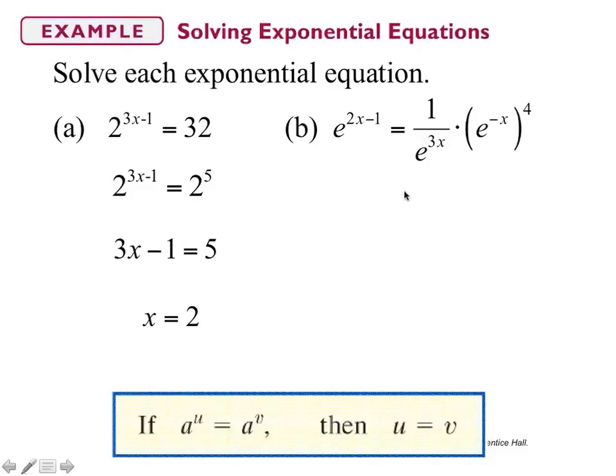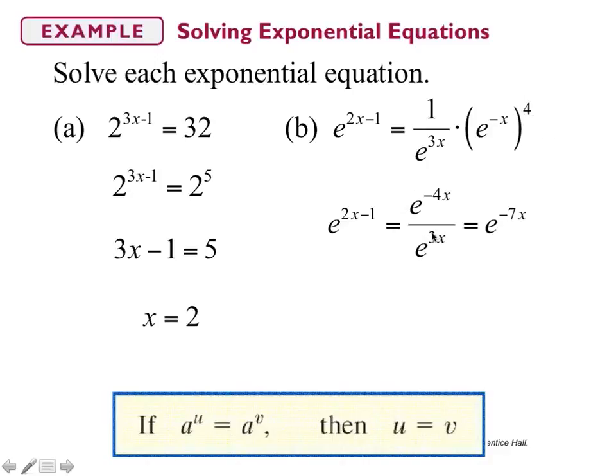And then this one over here, it looks a little nasty, but we're just going to try to clean it up, and then hopefully we'll have everything with e to some power, and then we can ignore the bases. So what's done here is we've taken the left-hand side, we've left it alone, and then we've rewritten this as one fraction. So we have e to the negative 4x, because when you have a power to a power, you multiply.